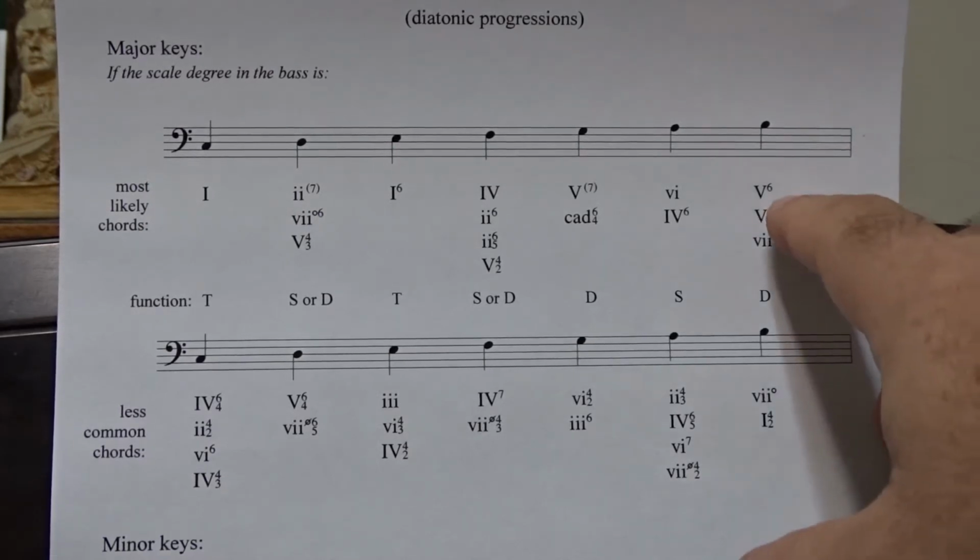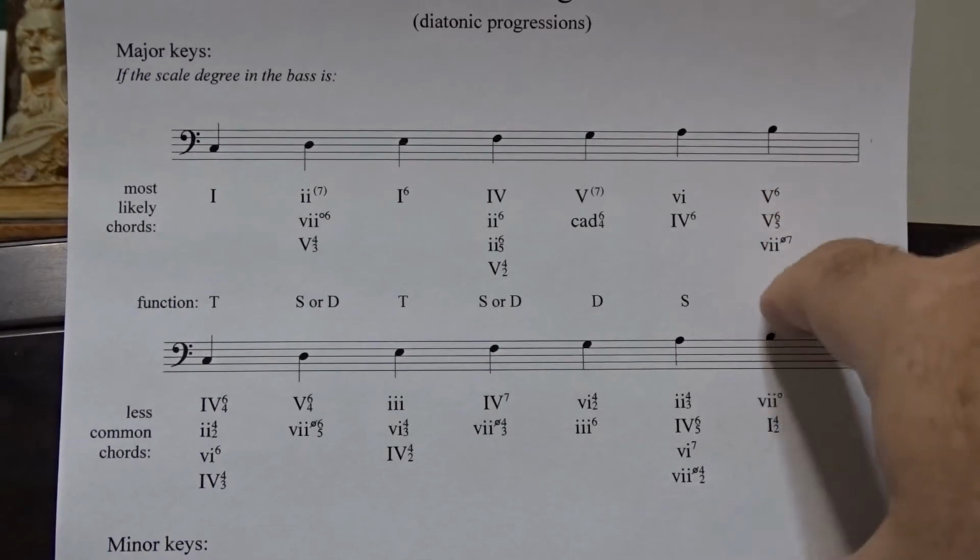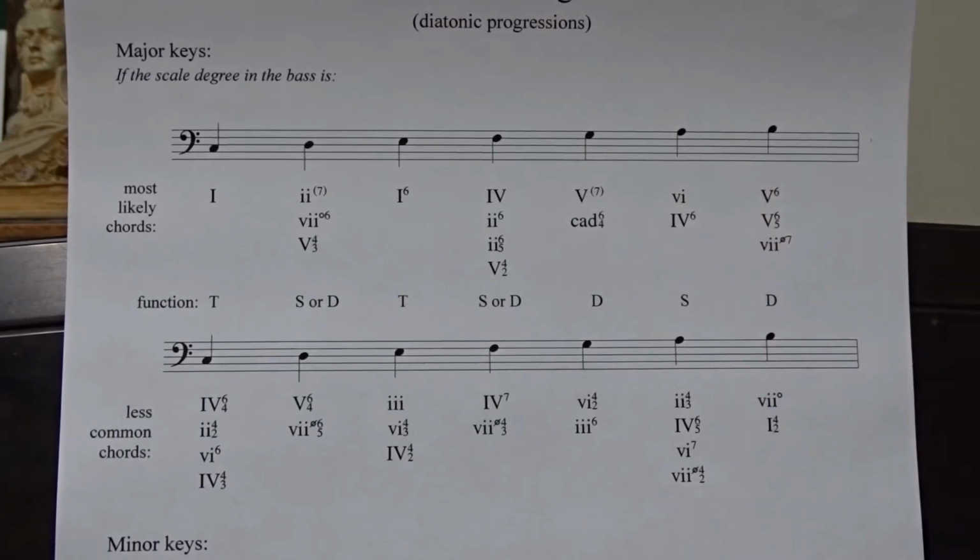When you get to scale degree 7, there are only dominant types. You might have a regular 5/6. You might add a 7th to make it a 5/6/5.